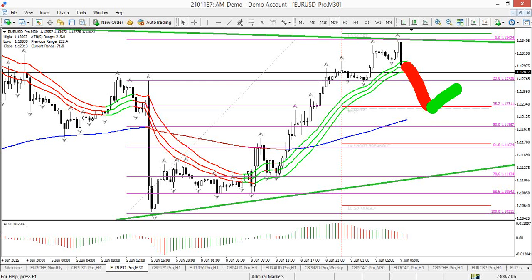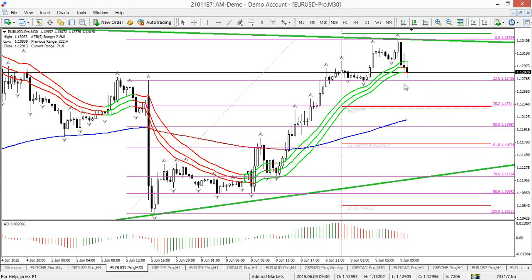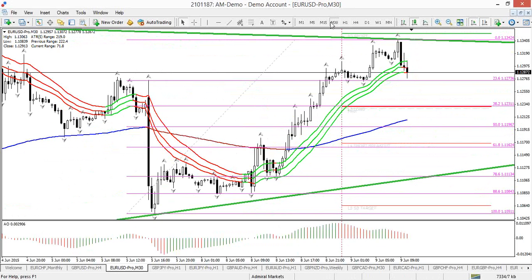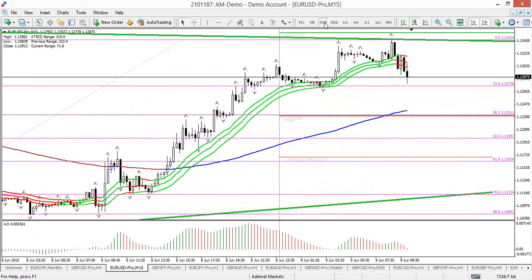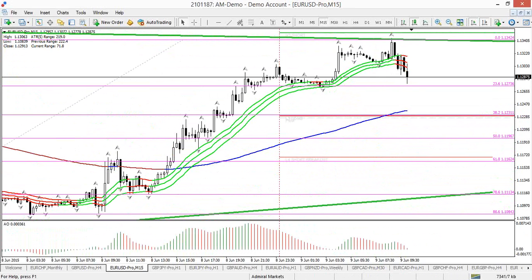To let this hit the L3, let it bounce, and then wait for the break below that. Alrighty.